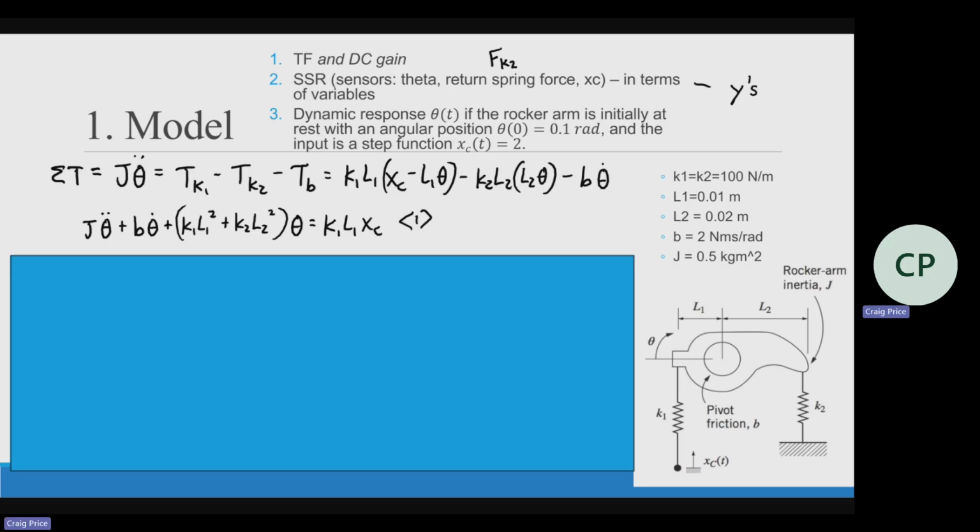So DC gain is the gain, it's the multiplier at steady state. So we take the DC gain times the steady state input, and that will give us our final steady state output value. It's just a multiplier. So if I double my input, I double my output, right? Because the DC gain does not change.